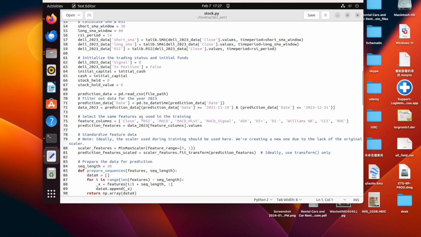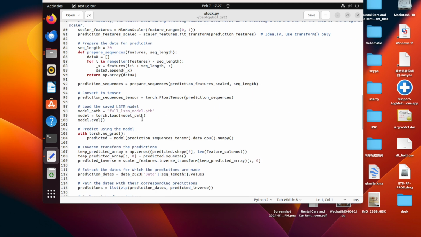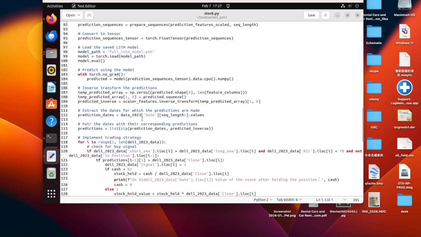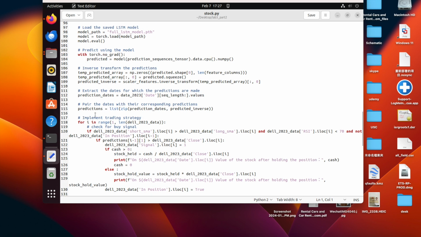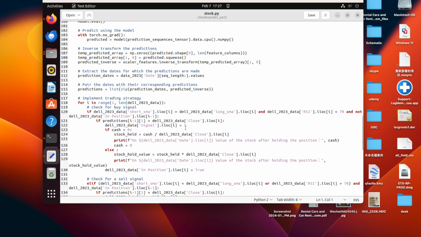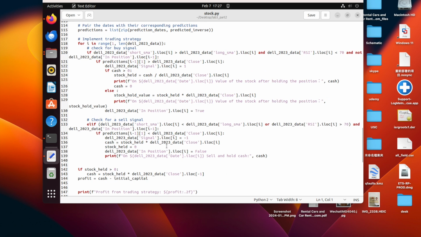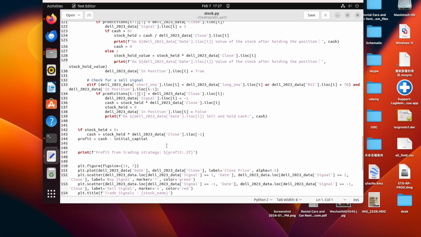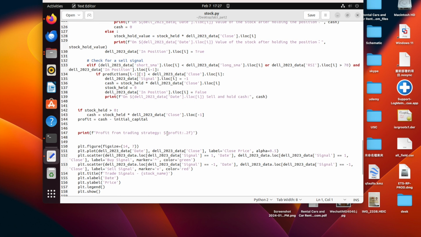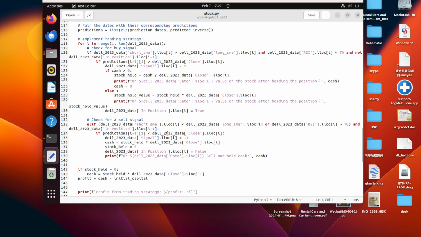You can also see there is another part where we implement the trading strategy to show how we design our algorithm to check whether to sell or buy the stock. This strategy is about using two indicators.